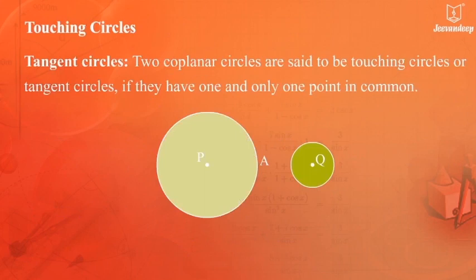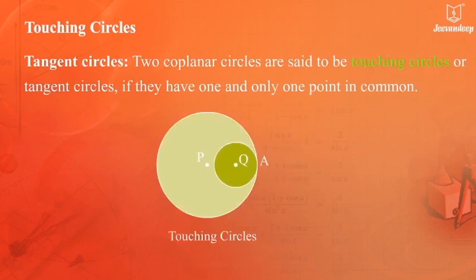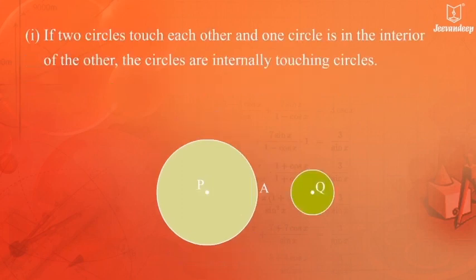Touching circles. Tangent circles. Two coplanar circles are said to be touching circles or tangent circles if they have one and only one point in common. 1.